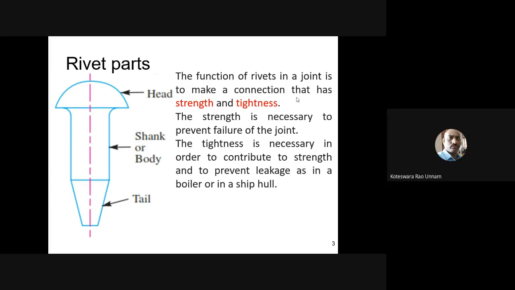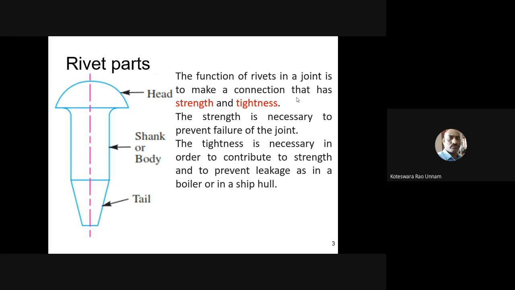So the riveted joint should provide sufficient strength to the components. At the same time, it needs to provide tightness in the joint also. The strength requirement is to prevent failure of the joint, whereas the tightness contributes to the strength.